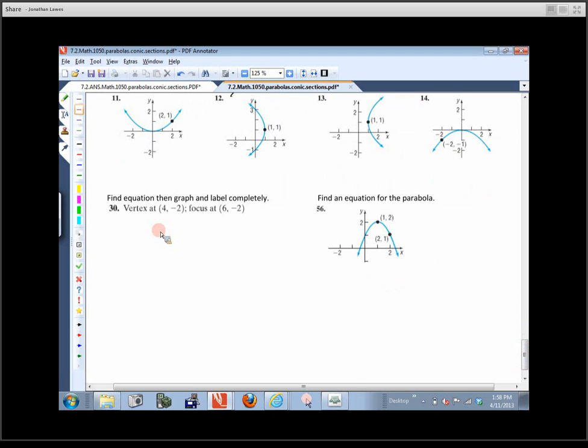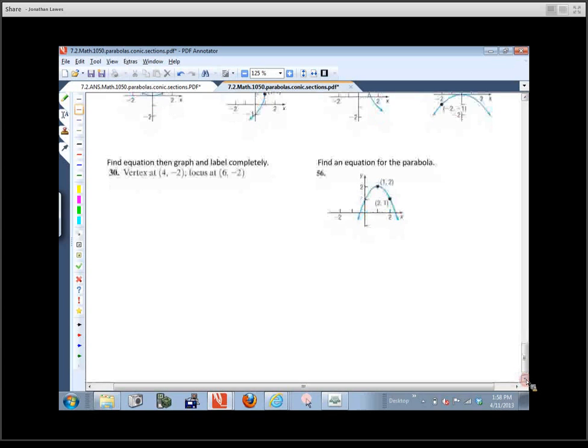This one says find the equation, then graph and label completely. Vertex is at 4, negative 2. Focus is at 6, negative 2. Now, this does say graph, so we're not wasting any time or effort if we go ahead and graph this. 4, negative 2, so 1, 2, 3, 4, and down 2.